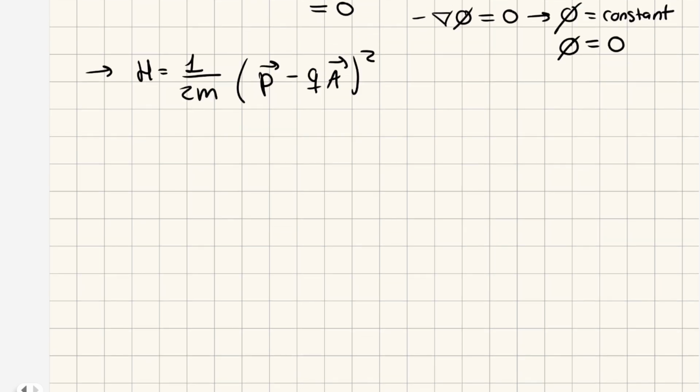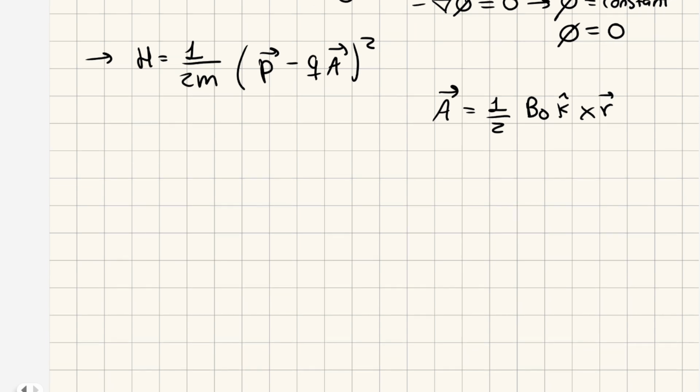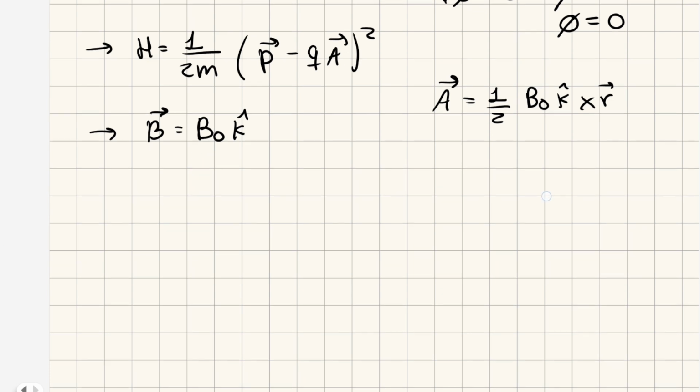So we are going to consider the example when the vector potential can be defined as 1/2 B0 k cross r. In this case we are setting that the uniform magnetic field is of the form B0 k, in the z direction, and of course B0 is just a constant.